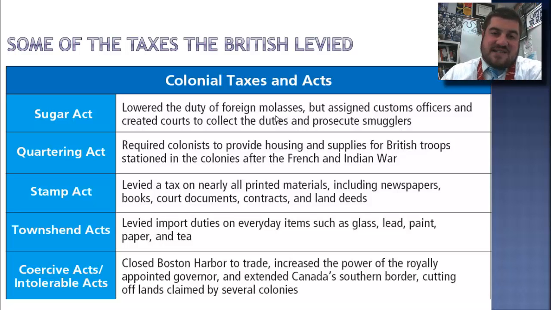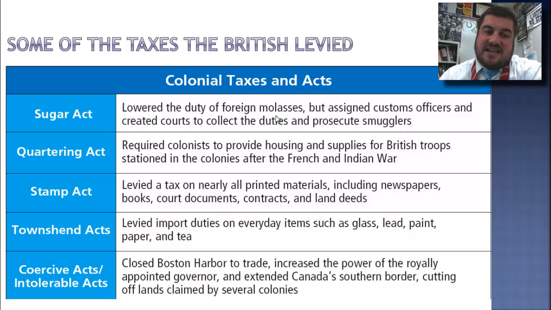Here are some of the taxes the British levied. The important ones you need to know about are the last three. The Stamp Act basically levied a tax on all printed materials, and to let people know you paid the tax, you had to get this stamp on it. The Townshend Acts, after the Stamp Act was repealed, they do the Townshend Acts, and they do it on imports.